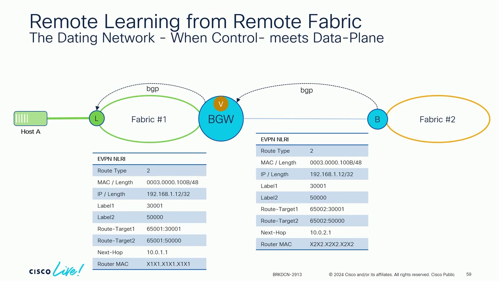There is a magic knob. You can actually tell this border gateway here to rewrite the AS portion of the route target to the AS number the neighbor border gateway has. Okay? So when I get a 65002:50000, and I'm peering to 65002 from myself, I can allow that portion to be rewritten.